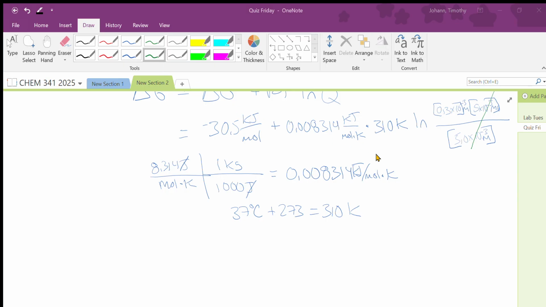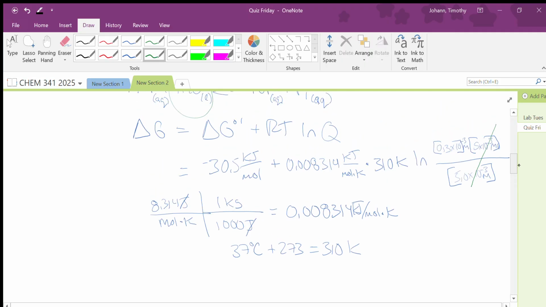I will try to remember my calculator next time. So we were just using Google to add these things up, and we ended up with negative 51.4 kilojoules per mole. Questions?